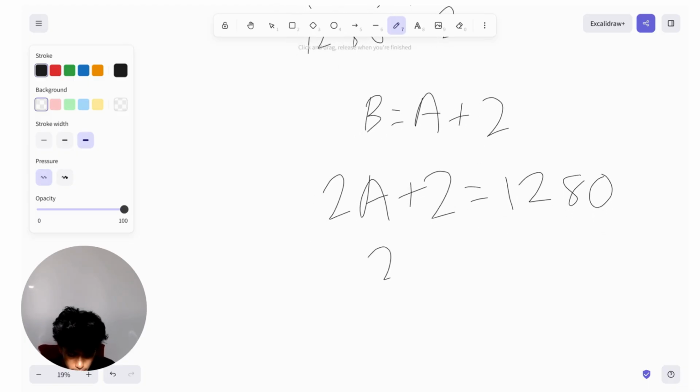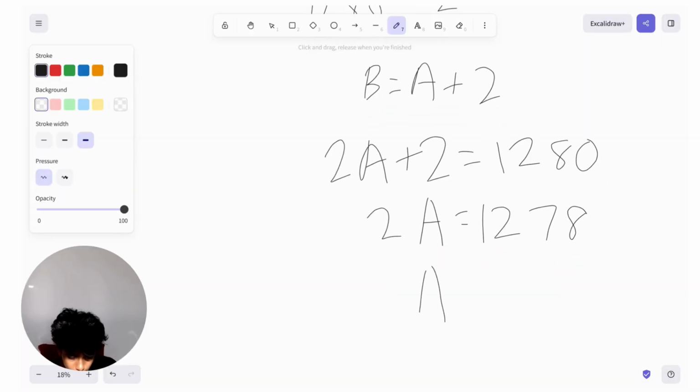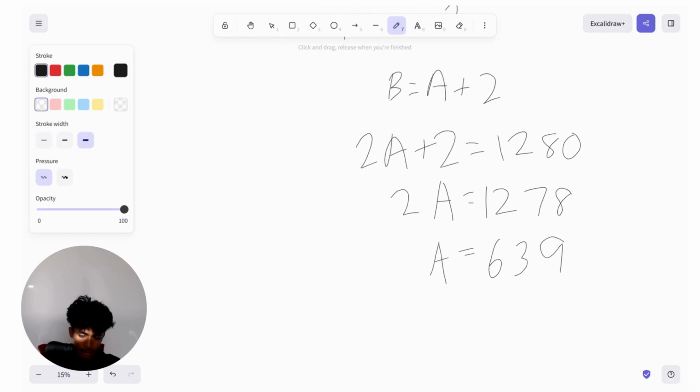Subtract 2 from both sides, we get 2a is equal to 1278, which means that a has to be 639.